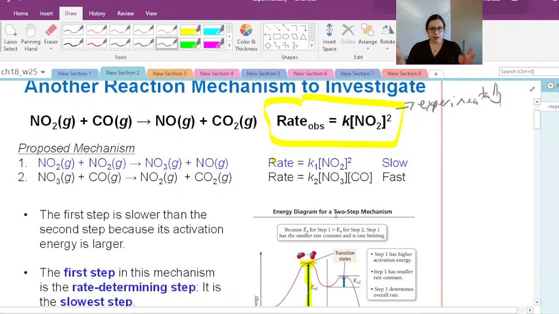Okay, so then, after we get this data, the next step with chapter 18, where we're trying to take 17, is how do we take this rate law and turn it into a mechanism of what's going on. And the thought, not that you would necessarily be deriving this mechanism cold, but where it comes from is, we have this NO2 squared.